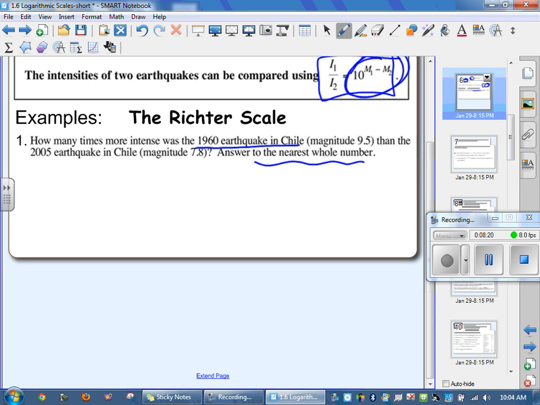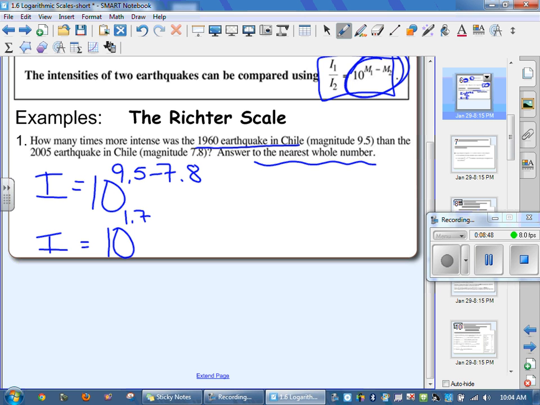The way we find that, we're going to say intensity is equal to 10 to 9.5 subtract 7.8. So what's our intensity going to become? You're going to get 1.7. So it's 10 to the 1.7. Now you actually have to solve 10 to the 1.7. Everybody solve that, please. Type in 10 exponent 1.7.